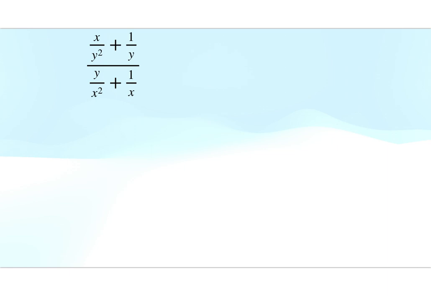Simplifying fractions within fractions. We're just going to take this one over here and do that first. So x over y squared plus 1 over y. My common denominator will be y squared. So that means I need to multiply this one by y over y.